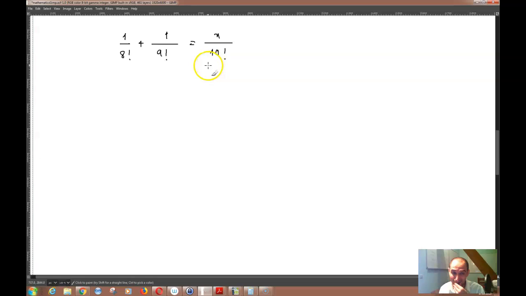So what you can do is write this as, basically, 7 factorial times 8, for example.